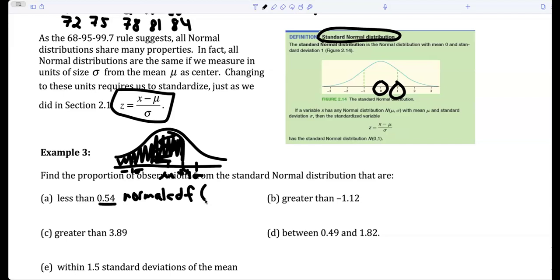In this case, we're going less than 0.54, everything less than 0.54. So the lower bound would be -infinity. The upper bound would be this z-score, 0.54. And then mu and sigma are standardized. So mu would be 0, and standard deviation would be 1.